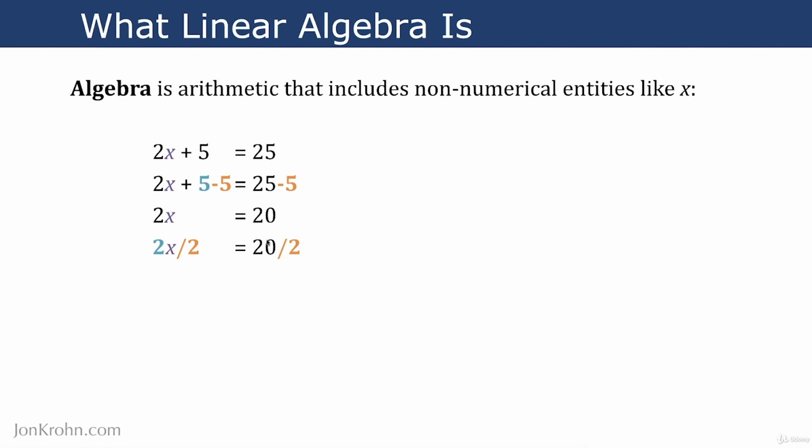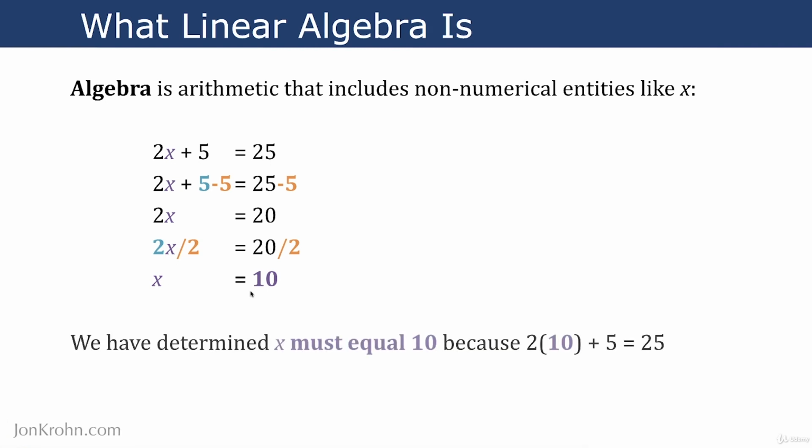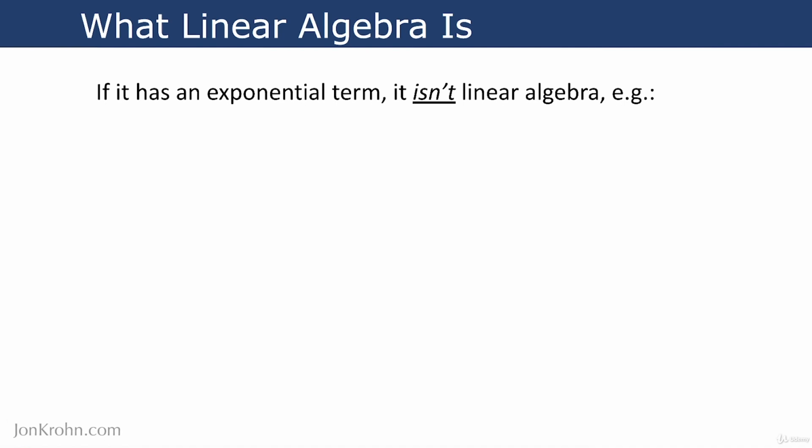We can then divide by 2 on both sides, leaving us with 10 as our answer. And you can confirm for yourself that x must be equal to 10 because you can plug it into the original equation, and when x is equal to 10, 2x plus 5 comes out to 25. It's the only solution to this equation. So that's what algebra is.